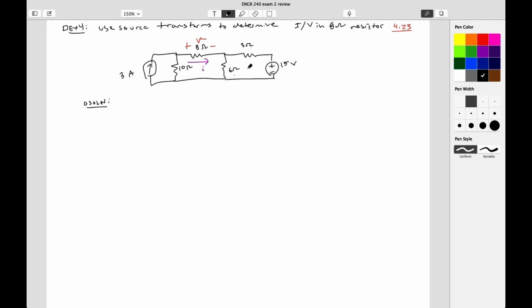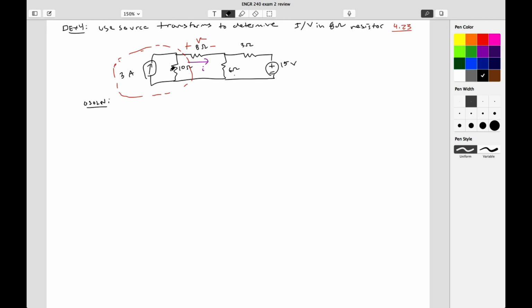All right, so it wants us to use source transforms. So let's first find the most obvious one, and it's really a good idea to be able to find obvious source transforms when they exist. Sometimes they help. The most obvious one is over here on the left.